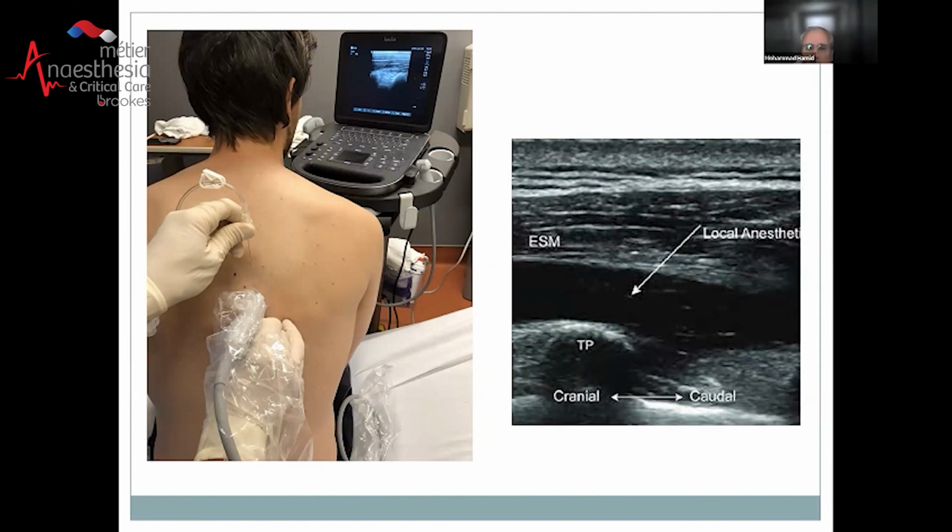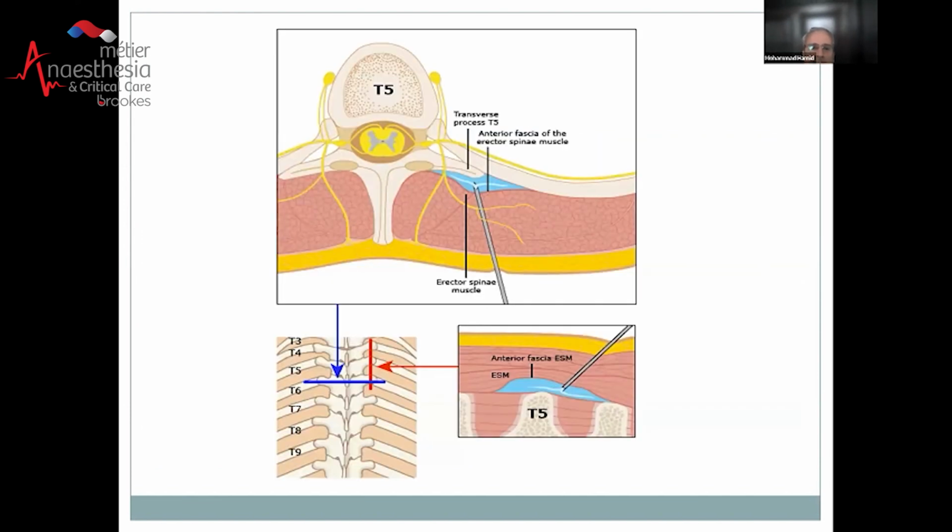Here you touch the tip of the transverse process with your needle and then inject the drug over there and look at the separation of the erector spinae muscle fascia from the tip of the transverse process, and you can give about 20 ml of your drug in that area. So this is the erector spinae block.